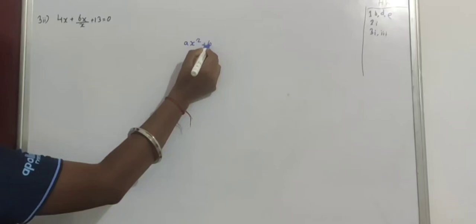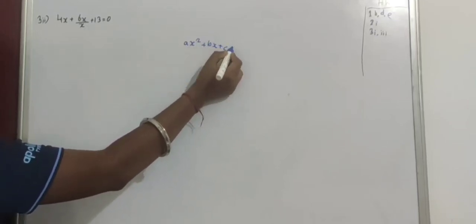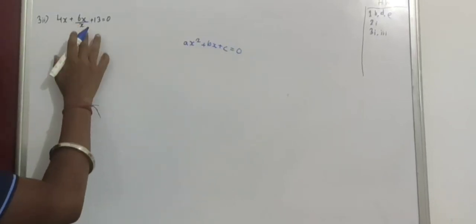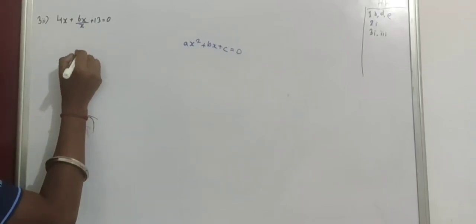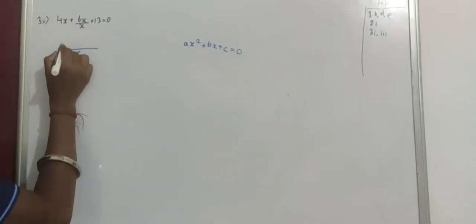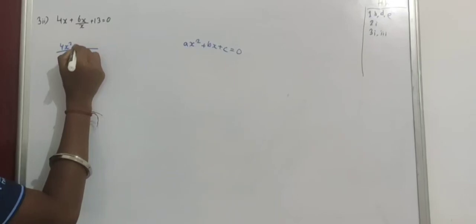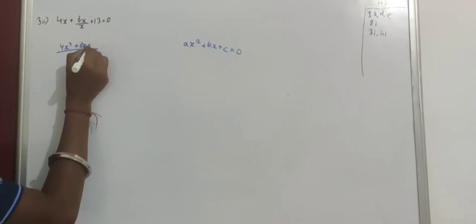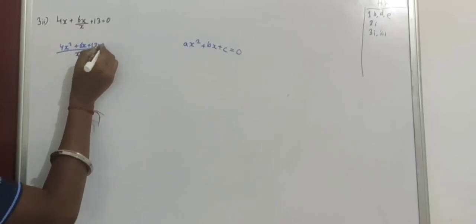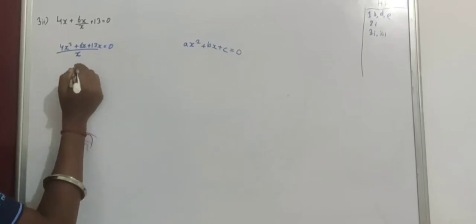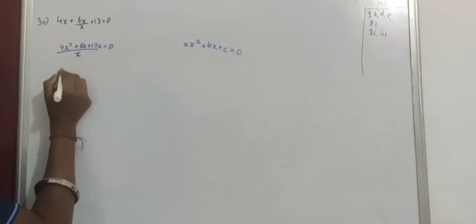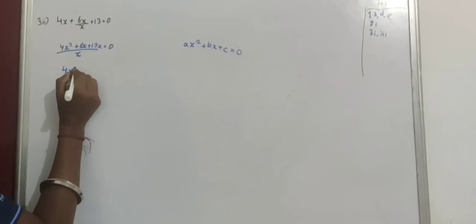So you simply have to compare with x square plus bx plus c. So here first take the LCM as x, then you have 4x square plus 6x plus 13. But while taking it also in the LCM, we have 13x is equals to 0.